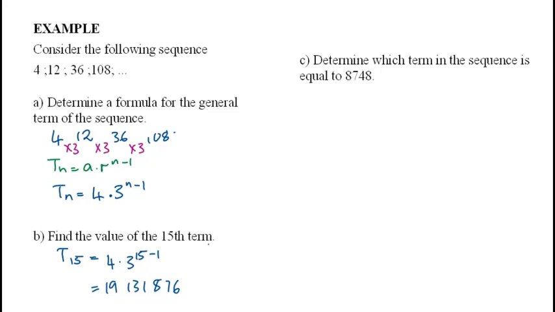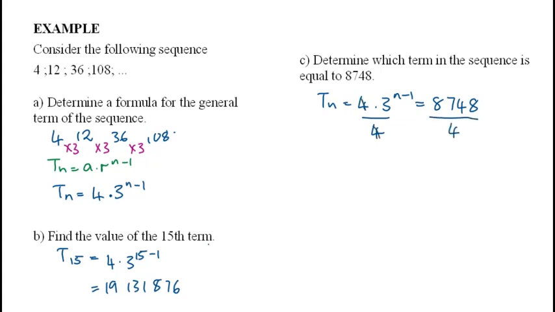Now we need to find out which term in the sequence is equal to 8,748. Our general term Tn is equal to 4 times 3 to the power of n minus 1. Make that equal to 8748. Now we're going to divide by 4 on both sides so that we can solve that as an equation.